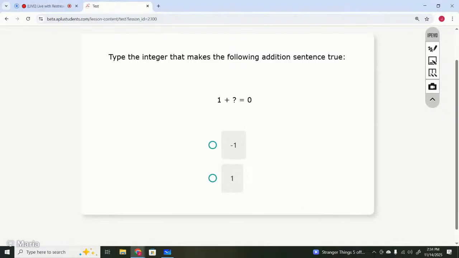That is negative 1 because 1 minus 1 is 0.